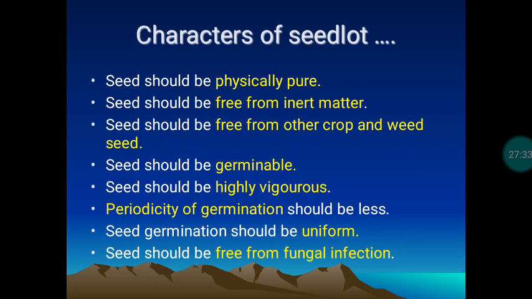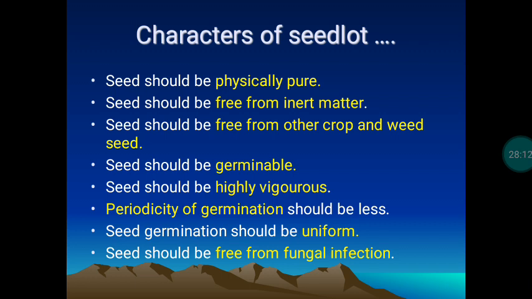Then these are all the different quality parameters of the seeds. So seed should be physically pure. Physically pure means we have to ensure physical properties like size, shape, color, and that it should be free from inert matter and from other crop seeds. Suppose the seed is mixed with some soil clods or plant debris, is it possible to have uniformity with reference to size and shape of the material in the lot?